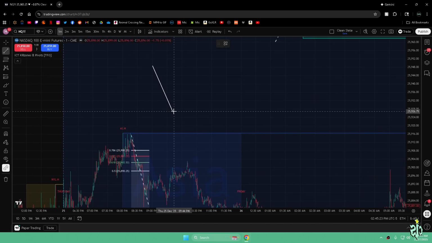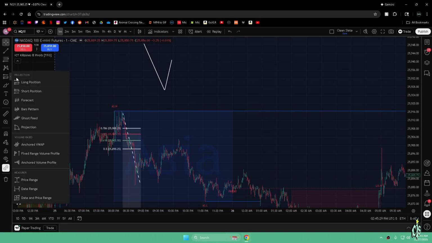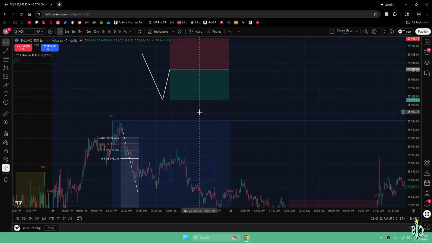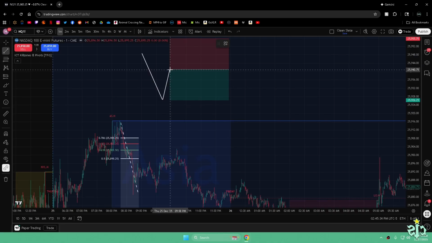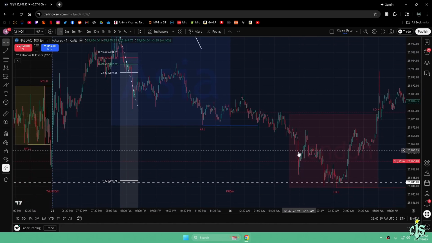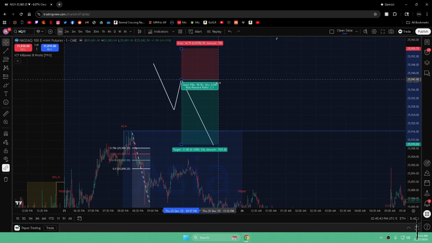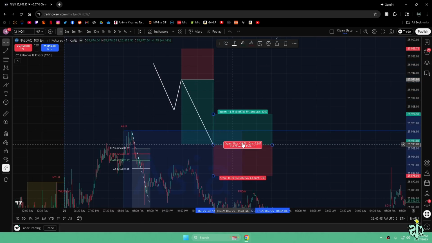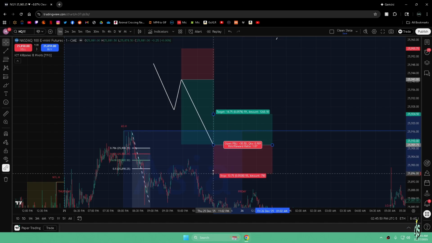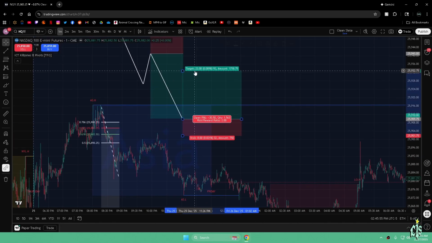So what it did was go down, go back to our OTE, which would be here for sells. So you would take your short here, and then it goes all the way down to our next OTE zone, which is where you will get out and go for buys, and probably to the OTE of this range or 200 points.